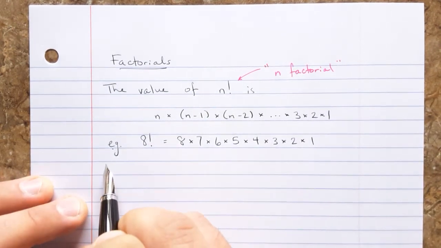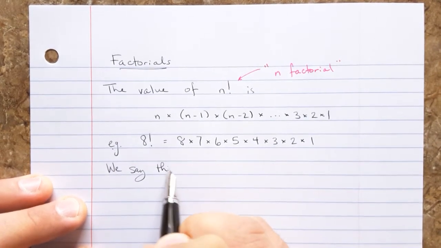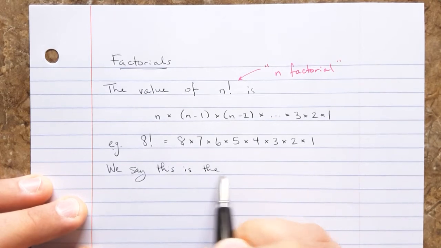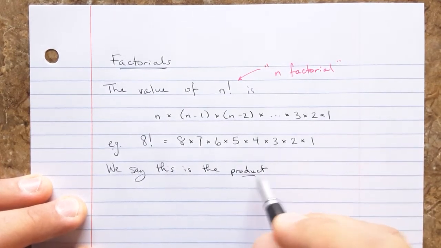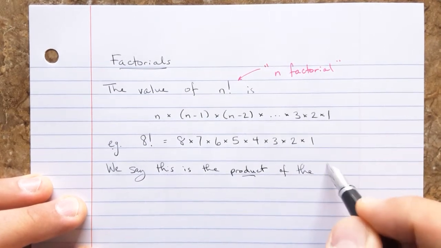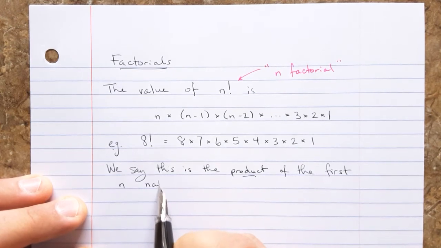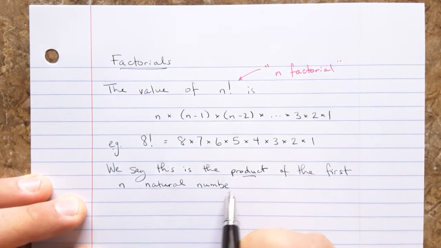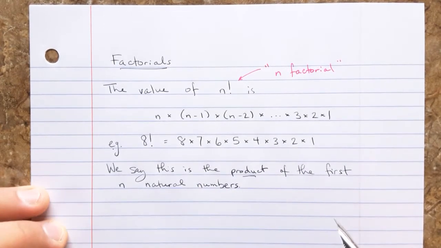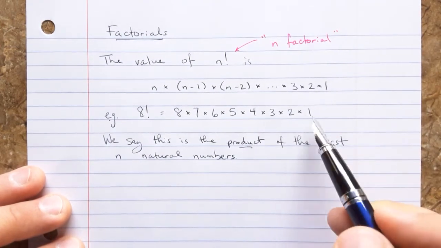We say this is the product, that's multiplication, of the first n natural numbers. Natural numbers are those counting numbers, not including 0: 1, 2, 3, 4, 5, and so on. No negatives. Now, n factorial is clearly defined for 1, 2, 3, and so on.